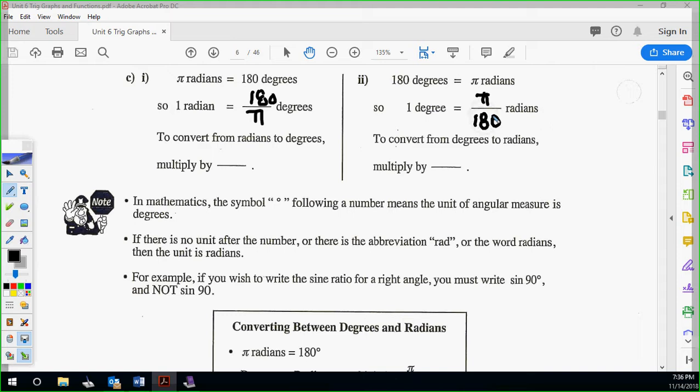So if I'm trying to take a degree and convert it to radians, I multiply it by pi over 180. To convert from radians to degrees, you multiply by 180 over pi. To convert from degrees to radians, you multiply by pi over 180.